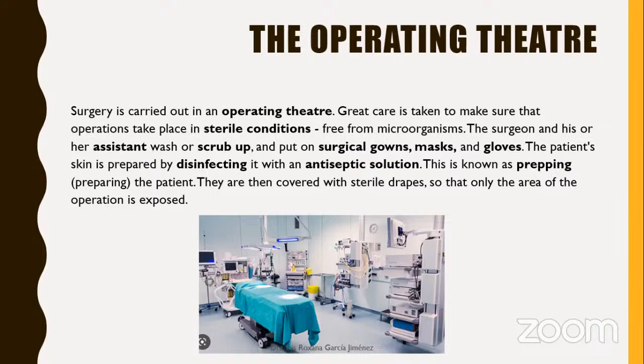The patient's skin is prepared by disinfecting it with an antiseptic solution. This is known as prepping, preparing the patient. They are then covered with sterile wraps so that only the area of the operation is exposed.